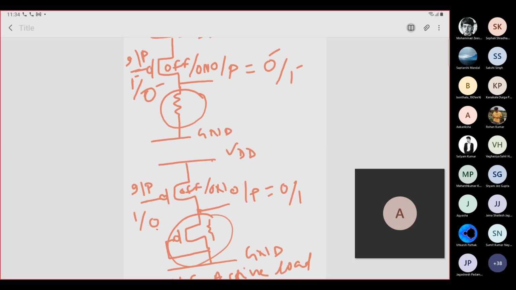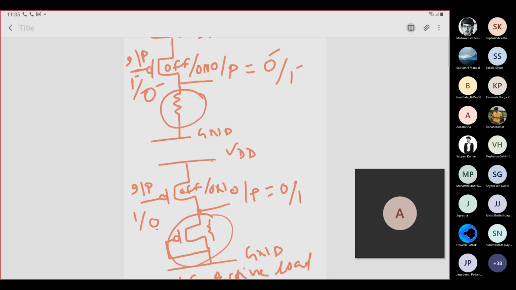If current flows in a resistor, there will always be power dissipation. It could be leakage, and obviously it will leak because it is in the saturation region, so it will accelerate your leakage current. So there will always be power consumption.